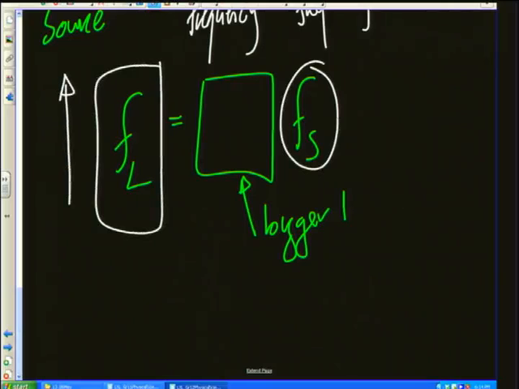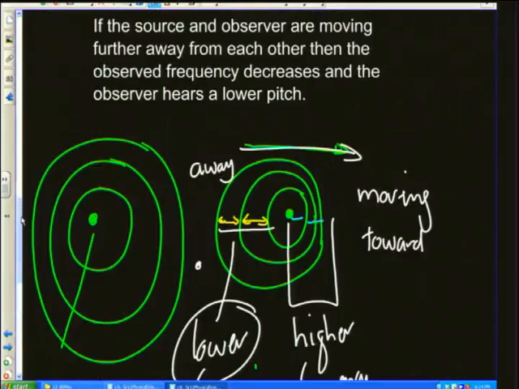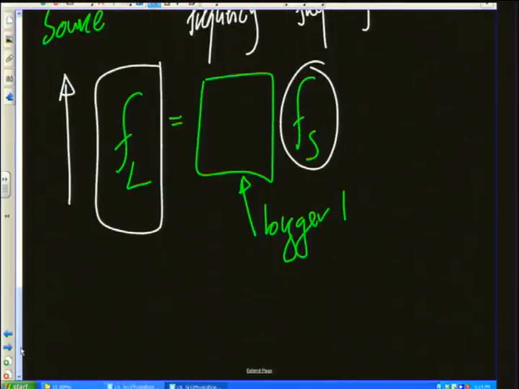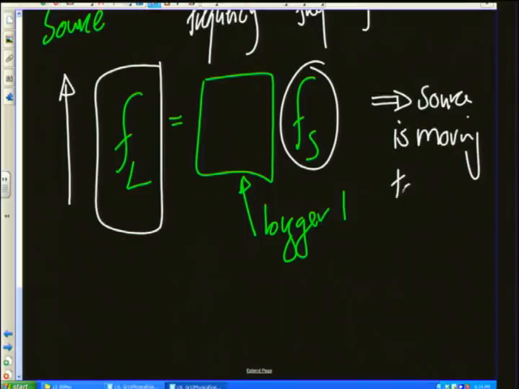If the frequency of the listener goes up, then we also know from our previous explanation that the source is moving towards the listener. Now, guys, it doesn't mean that only the source has to move.